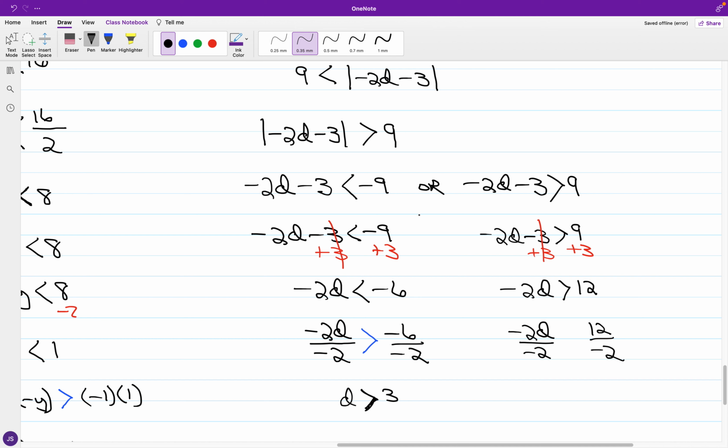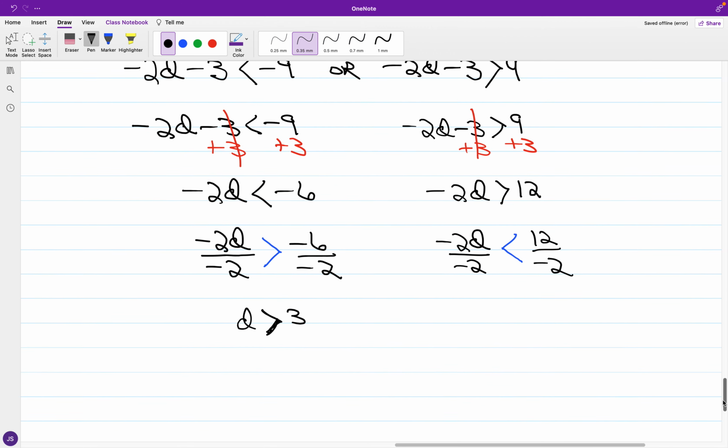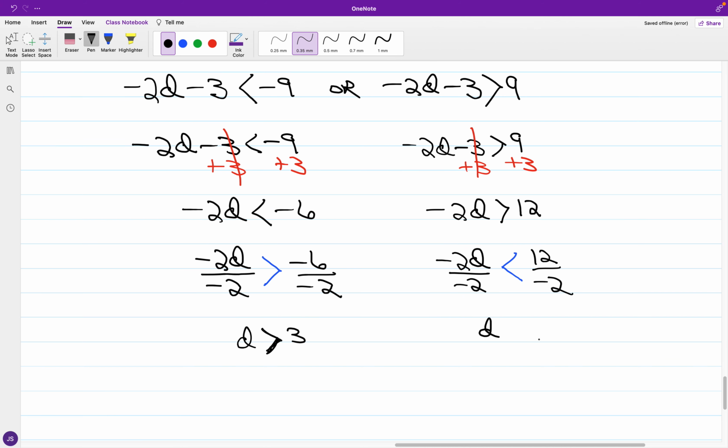Again, reapplying the division by negative 2, we have the change in inequality direction, this time going from greater than to less than. So in this case, d is less than negative 6.